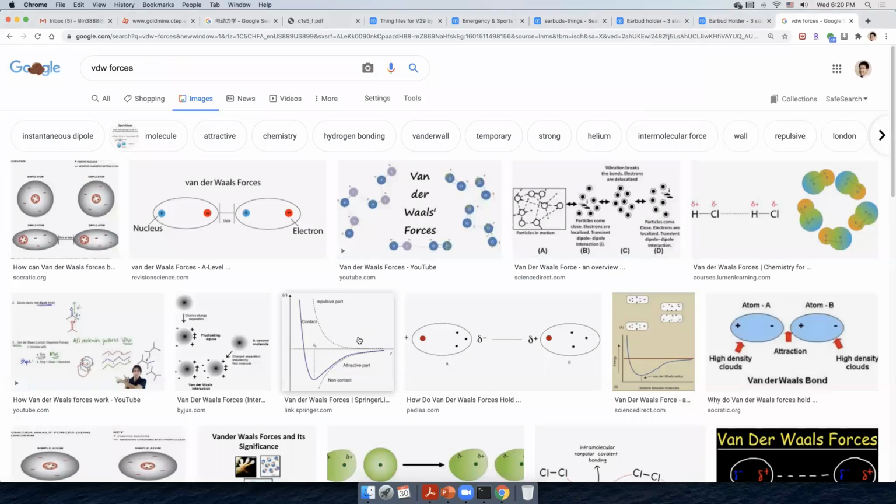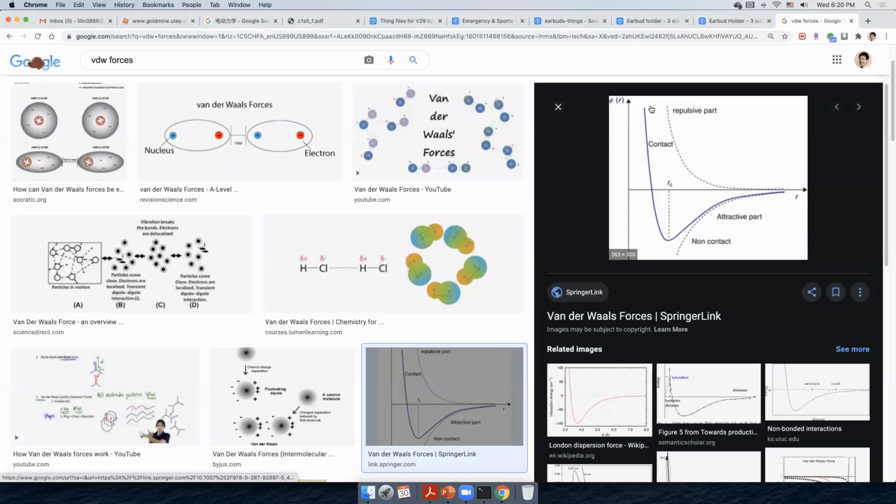If we look at the curve of the van der Waals force, the force against distance looks like this. Positive means repulsive, negative means attractive, zero means there's no force. A bigger value means the force is stronger.